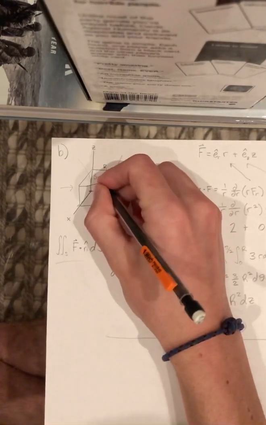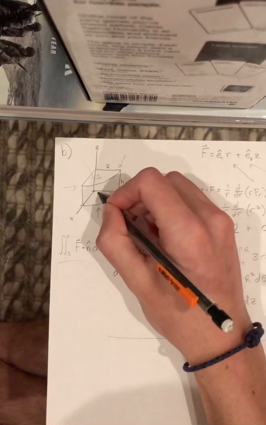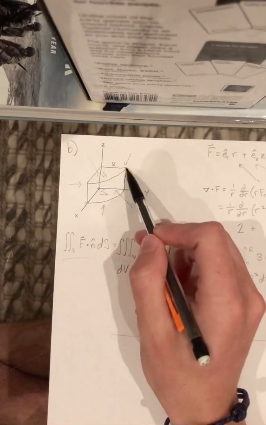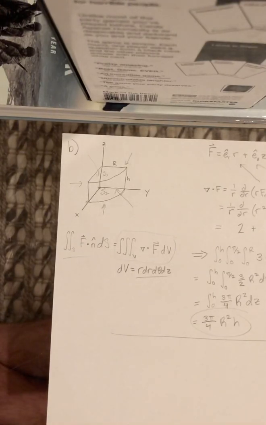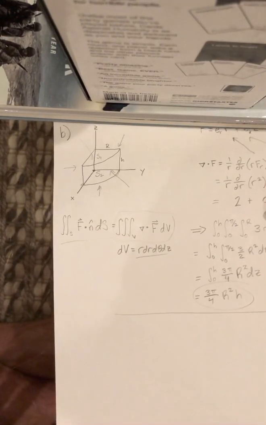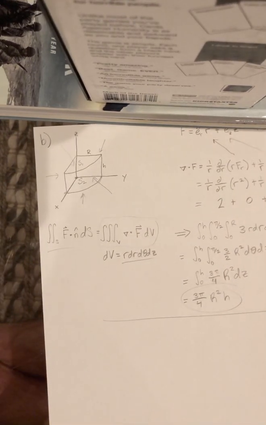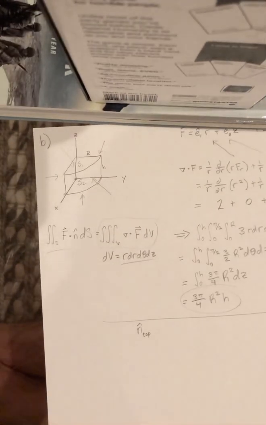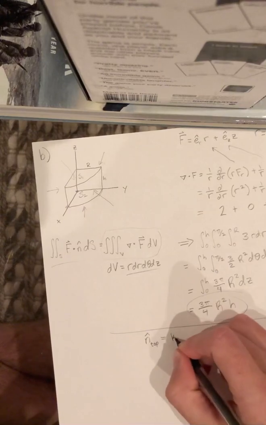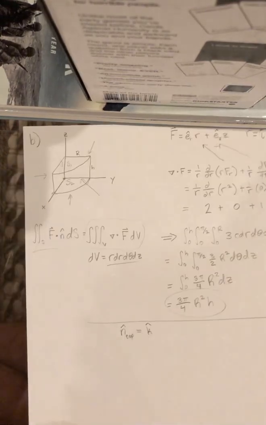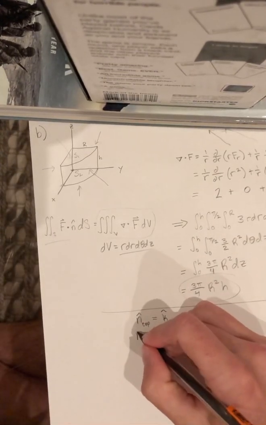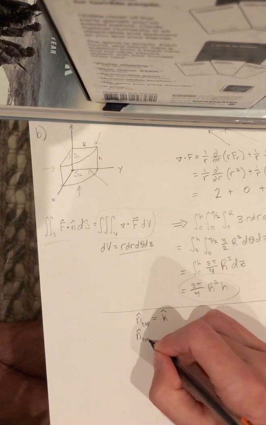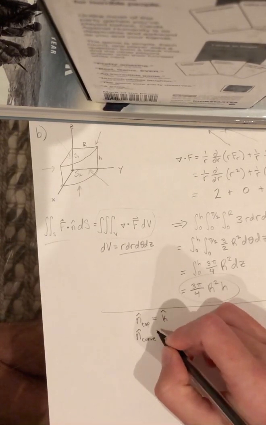So side 1 is going to be this top plate, and side 2 is going to be this curved plate on the outside. So n hat for the top is conveniently k hat, or z hat in this notation, and then n hat for the curve is conveniently r hat.